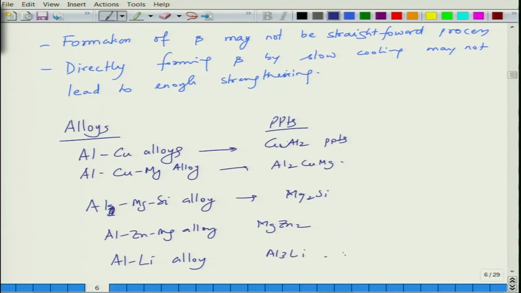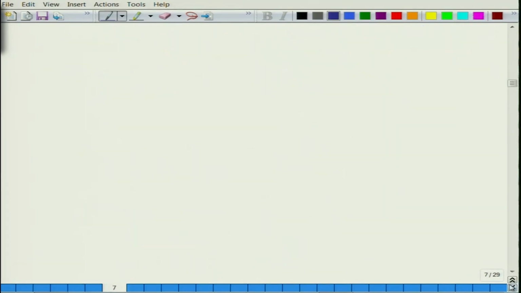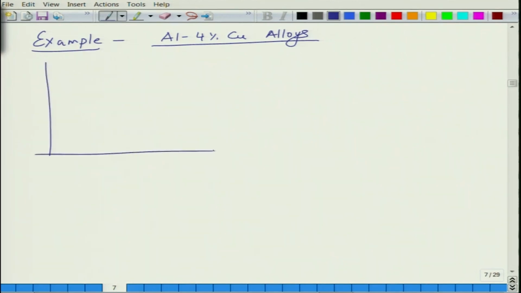So one of the signatures of these alloys is that we take the example of aluminum 4% copper alloys. So what happens in this alloy is, again, if you take temperature versus percentage copper, the phase diagram is like this.